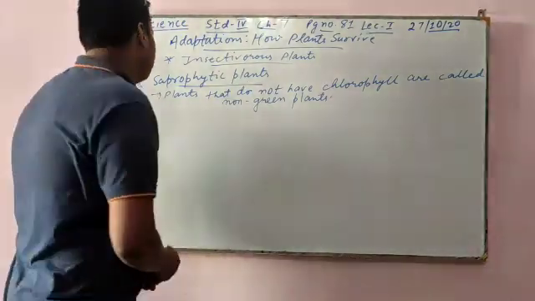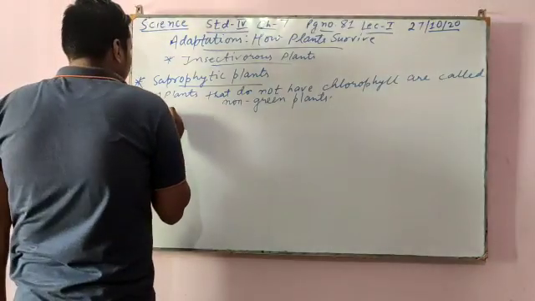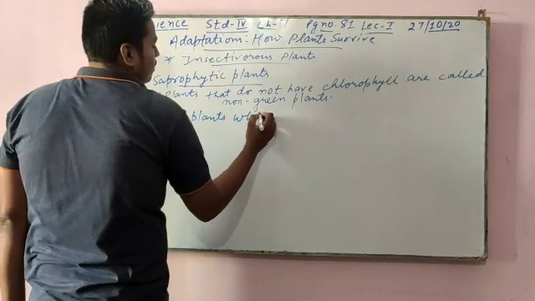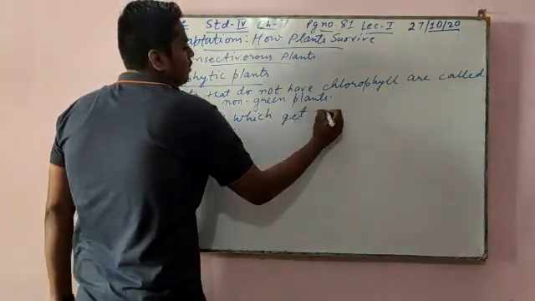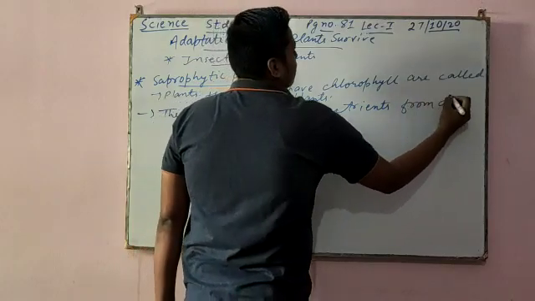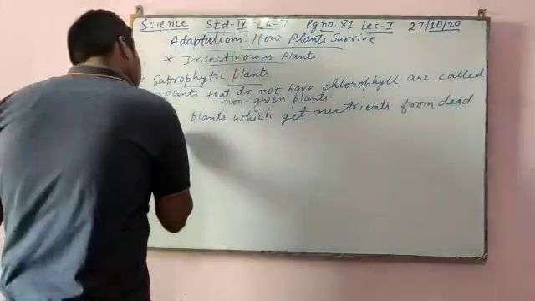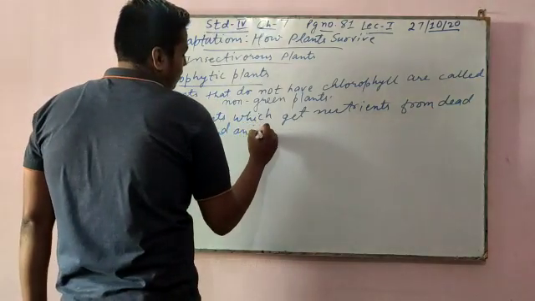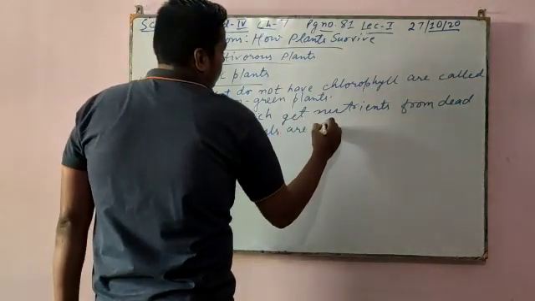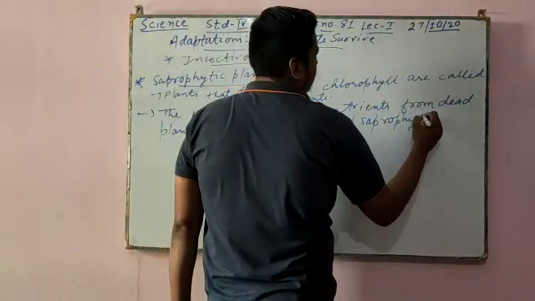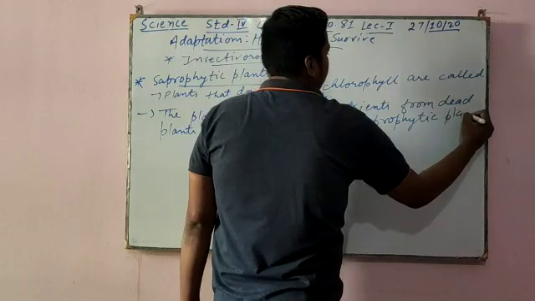So the plants which get nutrients from dead plants and animals are called saprophytic plants.